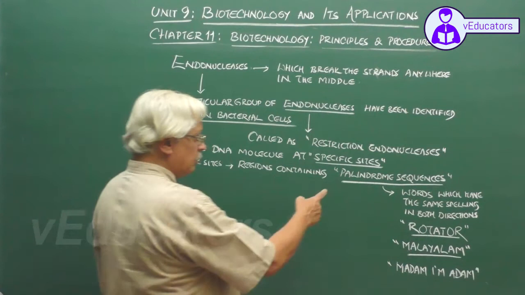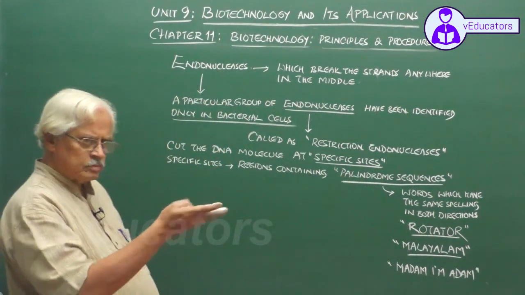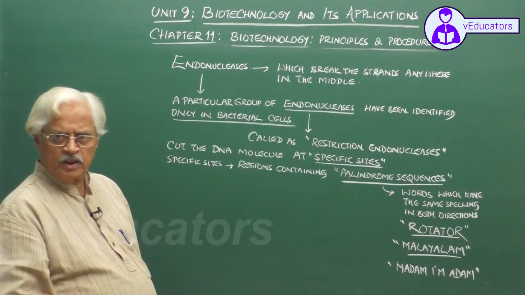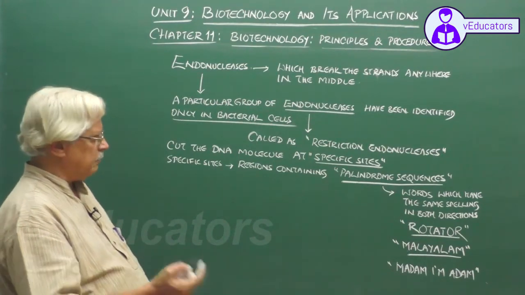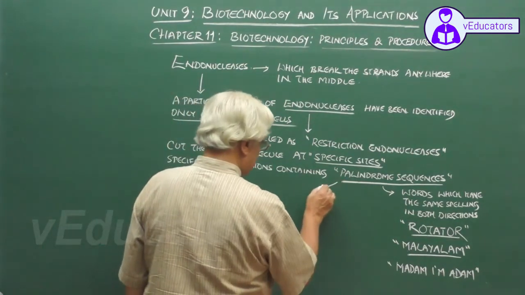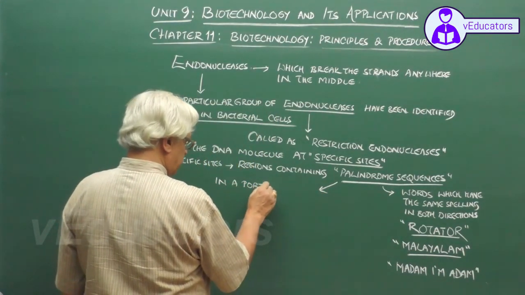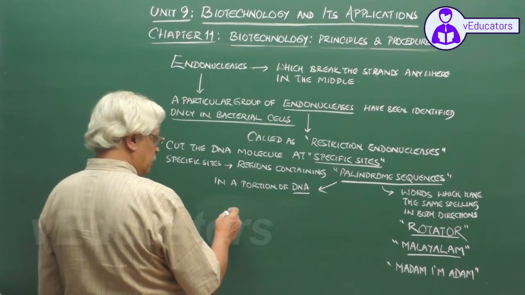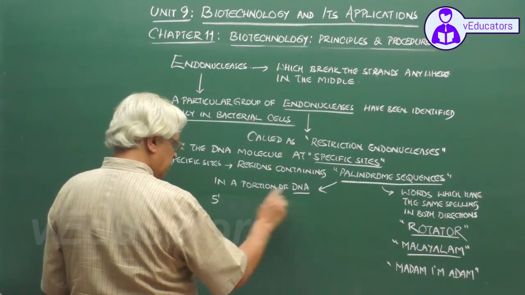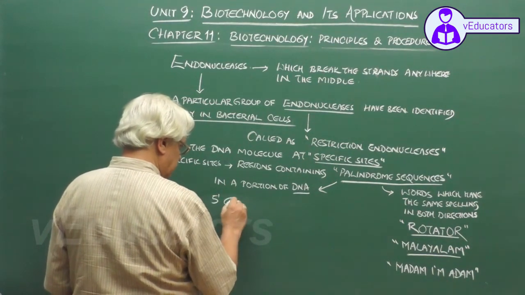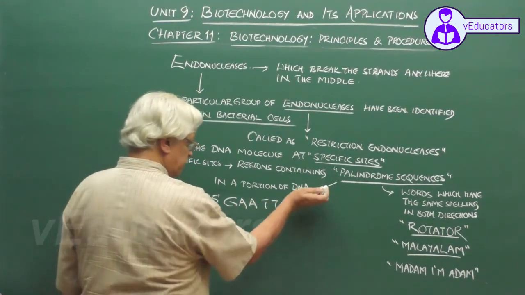In the DNA molecule also we have sequences which read the same in the opposite directions between the 5' 3' end and the 3' 5' end. For example, in a portion of the DNA molecule, between the 5' end and the 3' end, anywhere there may be a sequence like this, GAA TTC.